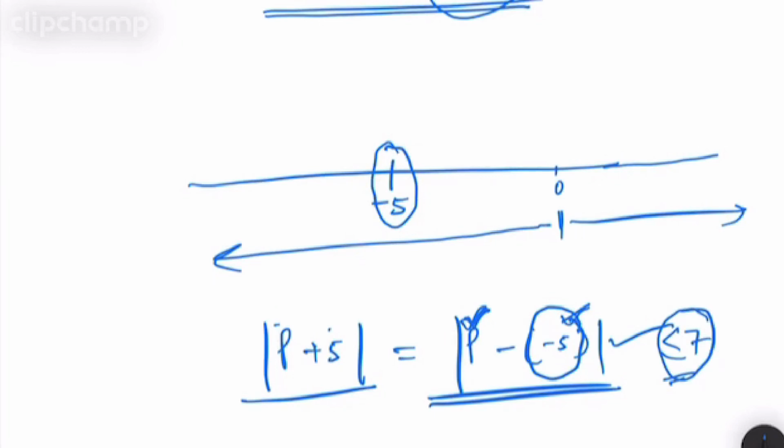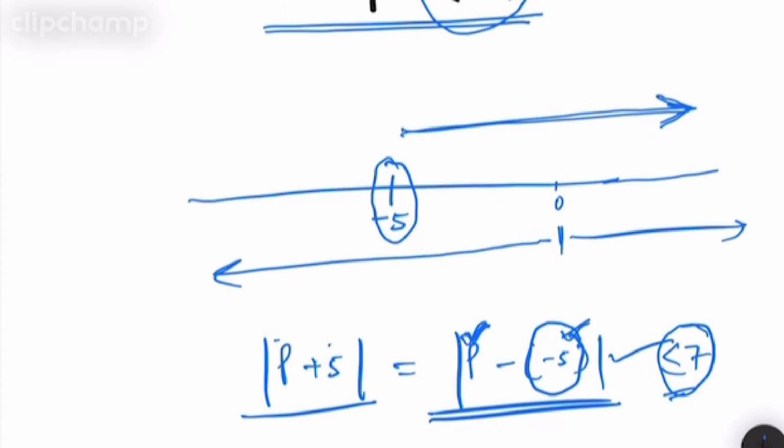Let's say we move towards this direction from minus 5. What is the distance he needs to travel to cover 7 units? Clearly from minus 5 to 0 he would have covered 5 units, and 2 more, so he needs to come till this point.